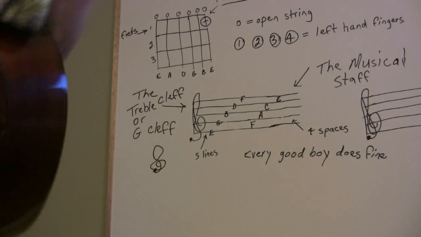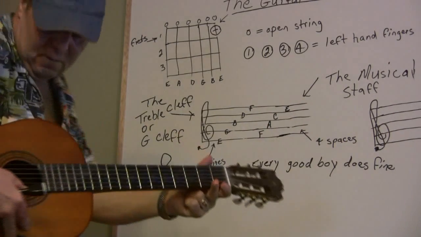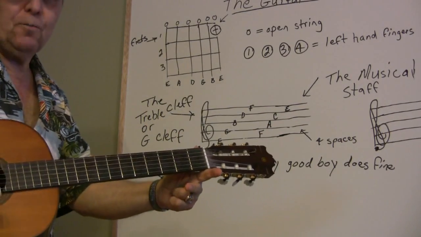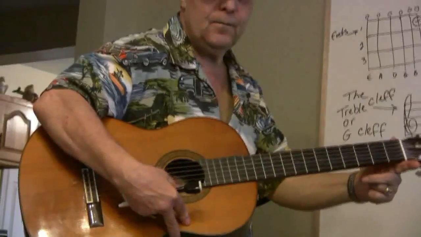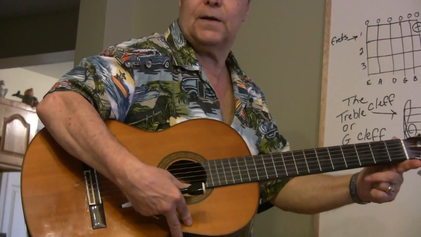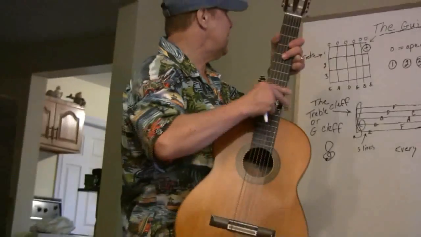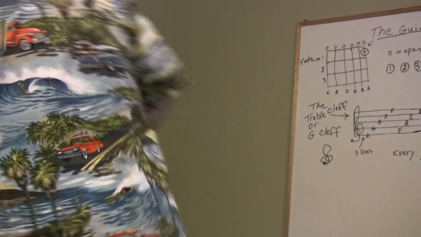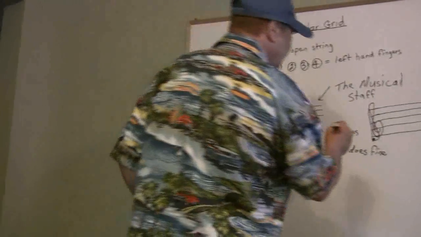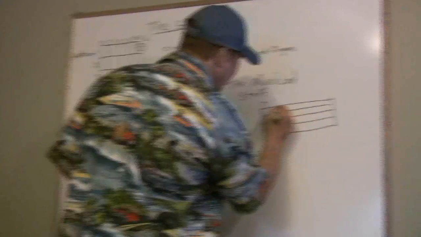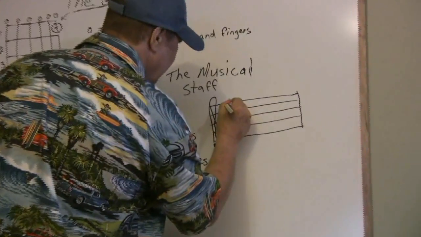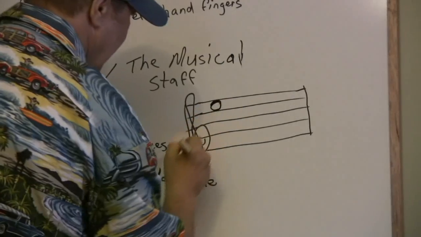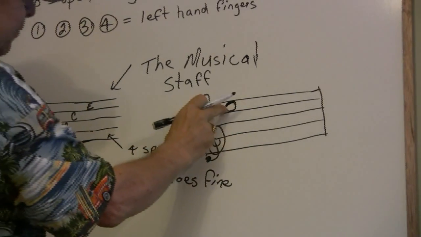So if you played this string right here, first string opened like that, that's called E. Now when you play the E on the guitar in the musical staff, it's going to be written like this. That's called E when you see that pitch.